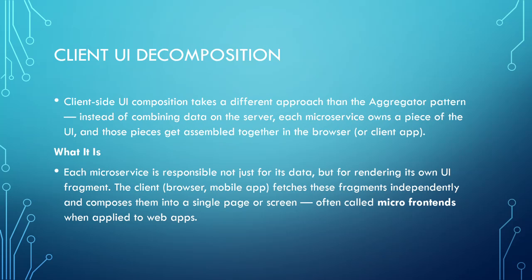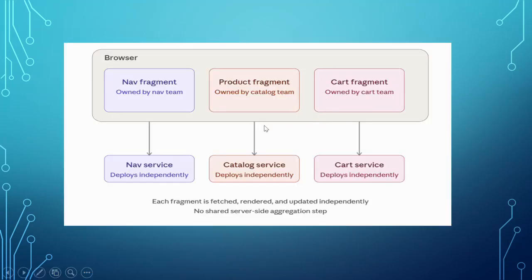In the UI, similar to microservices, there are micro frontends. It will provide for each micro frontend a group of API calls together and then render the data in the web page. So this is how it is. From the browser, the nav fragment is a micro frontend, the product fragment is another, and the cart fragment is another.